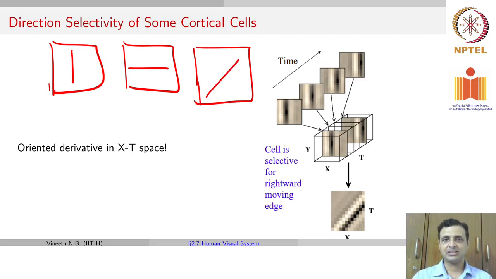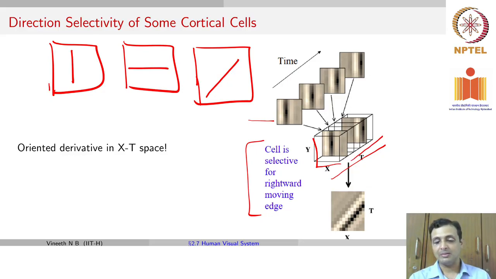But because the brain is processing information in 3 dimensions, x, y, and t, you could also have an edge that's moving. For example, you could have a vertical edge that's actually moving. That's what you see here. So you have a rightward moving edge, but as you keep moving the edge from left to right, you now have a cuboid of space x and y and time t, and you would notice that over time the edge is moving from left to right.